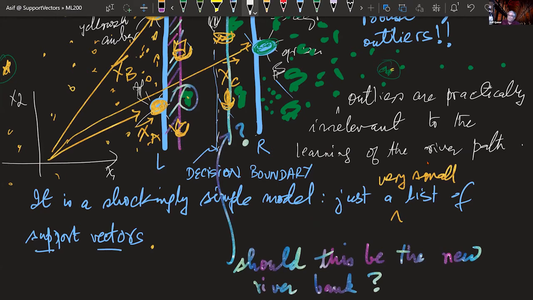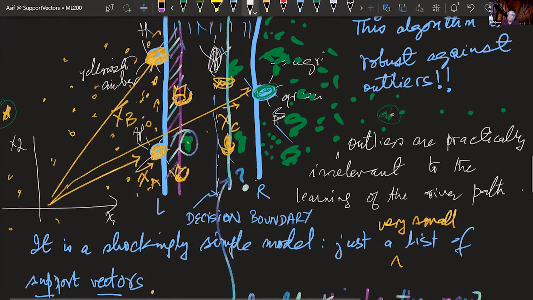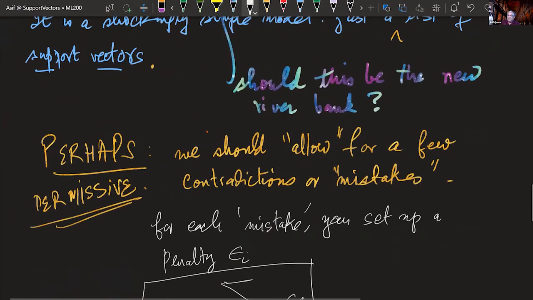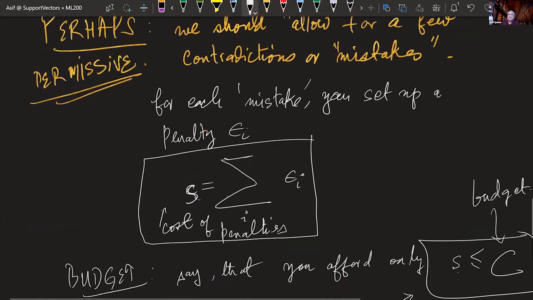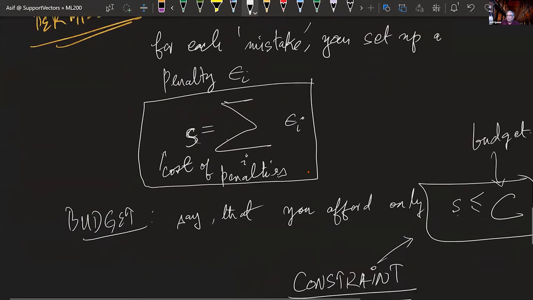Now, the trouble with this kind of thing is that in real life, data has noise, it has mistakes. And you don't want to be hijacked by all these mistakes and noises. So you want to define a penalty term for each mistake, sum all the mistakes, and say that you have a certain budget for mistakes. You should not exceed that budget. Otherwise, your solution will become either very hard to find or very unstable.